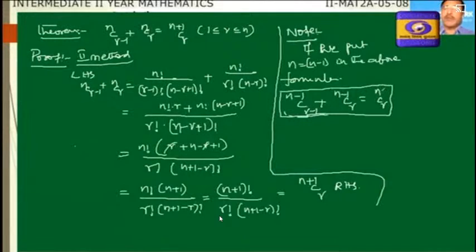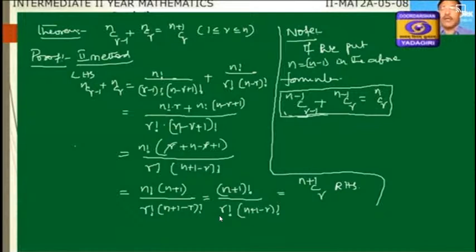So n minus 1 Cr minus 1 plus n minus 1 Cr is equal to nCr. nCr represents the number of combinations that can be made from n distinct elements by taking r elements at a time. Now this number of combinations, we are dividing into the combinations which contain one particular element always and the combinations which do not contain that particular element always. Then the sum of the two types of combinations is equal to the total number of combinations that can be made from n distinct elements by taking r elements at a time.